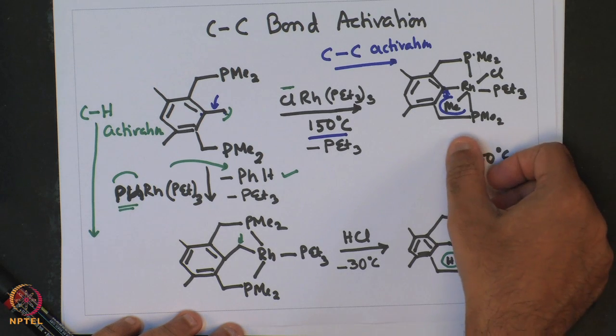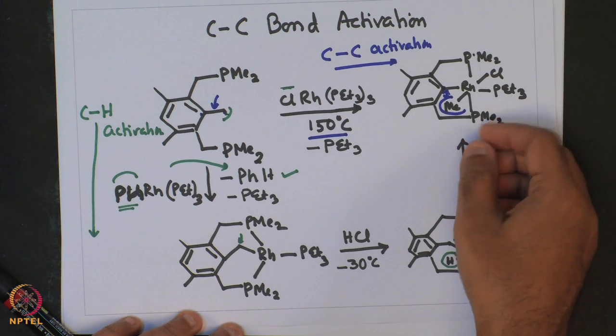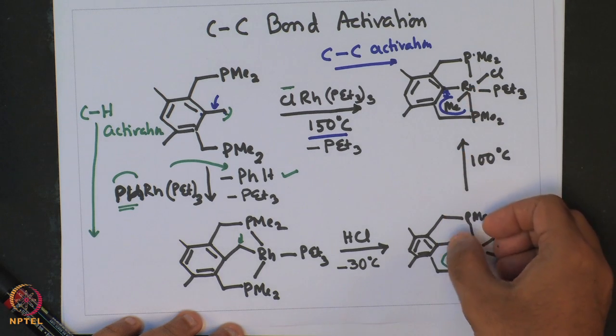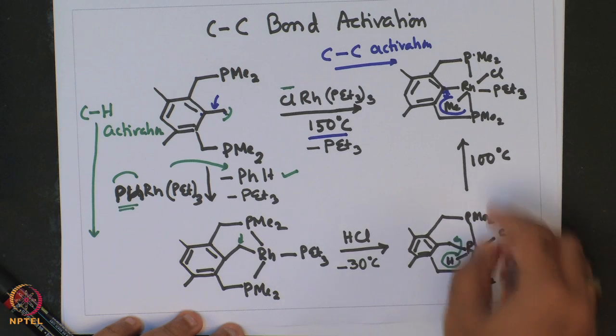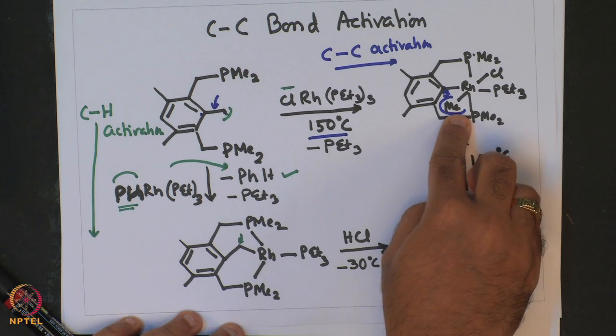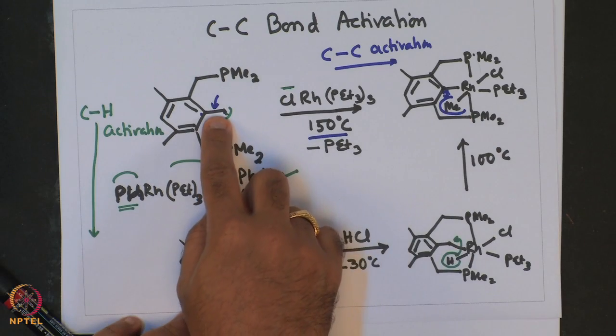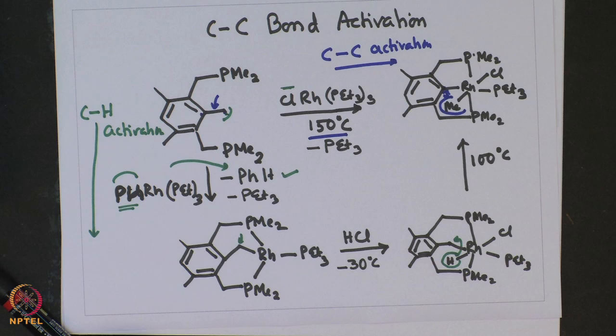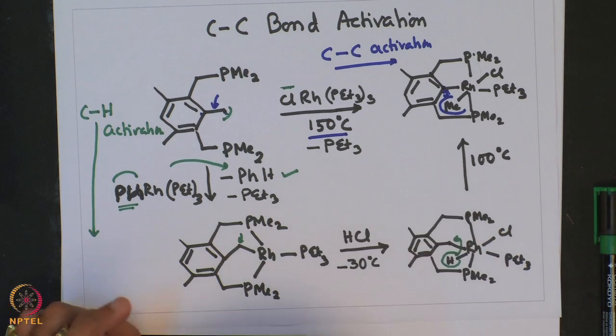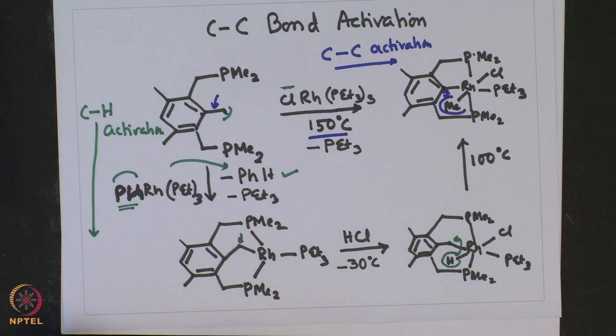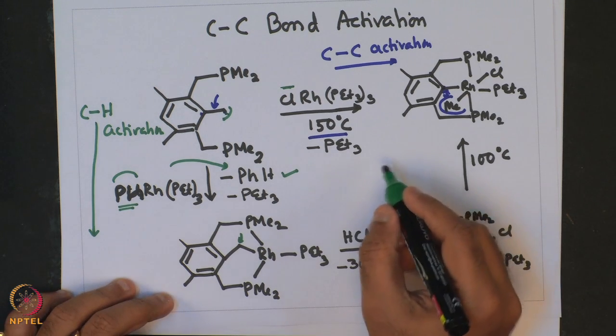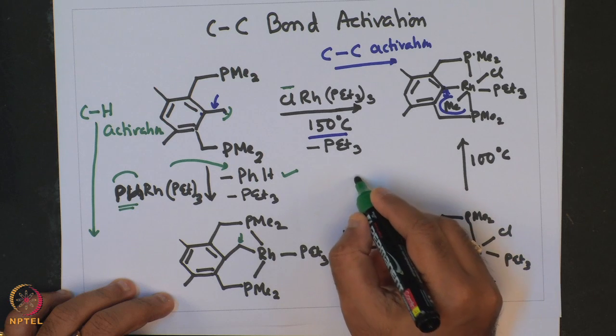So, to note here is that the protonation of this methyl, subsequent cleavage of this, results in the rhodium methyl group, which was obtained by direct C-C cleavage. This work was done by Milstein, and this is a nice demonstration of arriving at the same product by two different pathways.